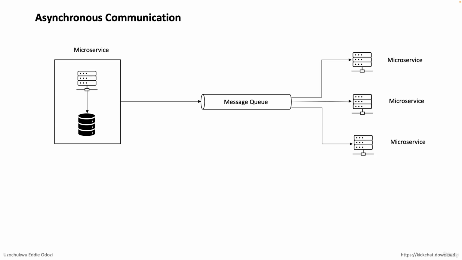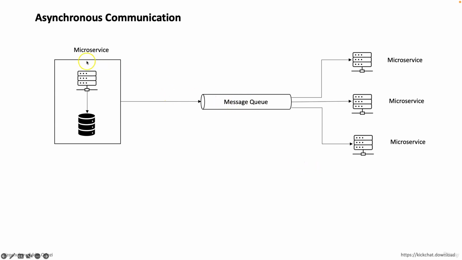But asynchronous here just involves the client sending a request and then continuing with other tasks while the response is being returned, if one is actually required, or it just sends the request to the other services that require it. And it involves using events or a message queue.